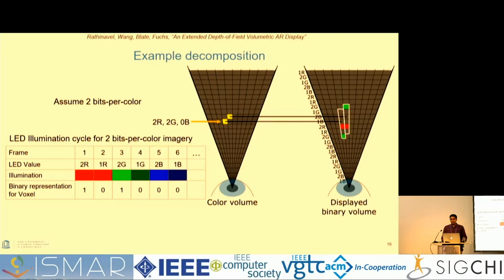And when you have another voxel that's nearby, then you can represent it in a different location. This is an example of where the binary representation for the color volume does not need to start and end at a fixed location. It can happen in arbitrary orders and arbitrary locations.